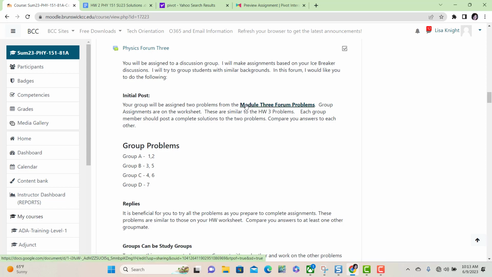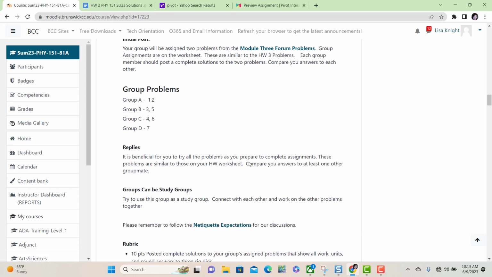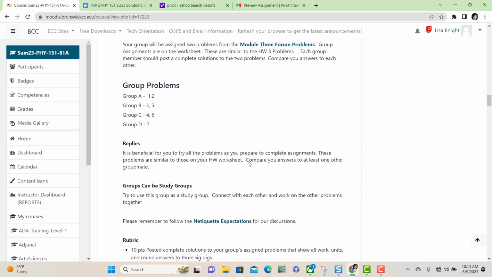And this worksheet contains problems very similar to the ones on your homework. So, for example, Group A is going to do problems 1 and 2, and they'll post their solutions showing all their work, their equations, their units need to be in meters and seconds, and need to run 3 sig digs. And they're going to post those in their first post.